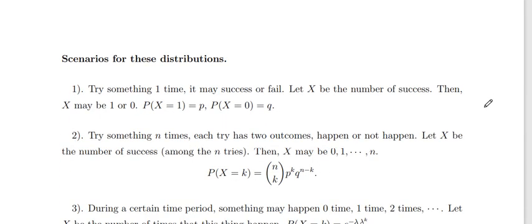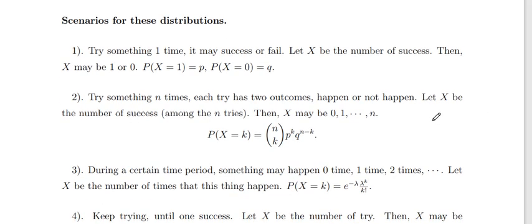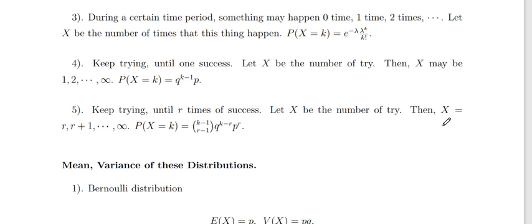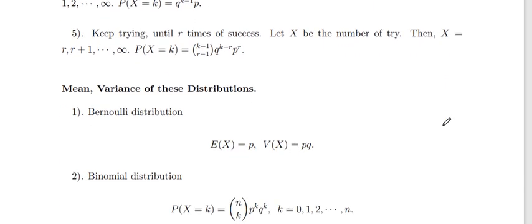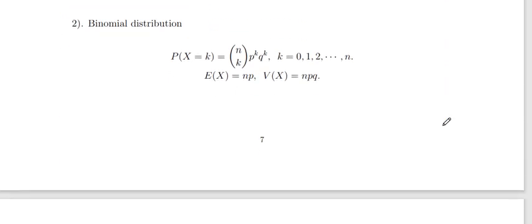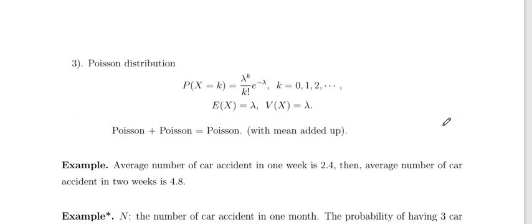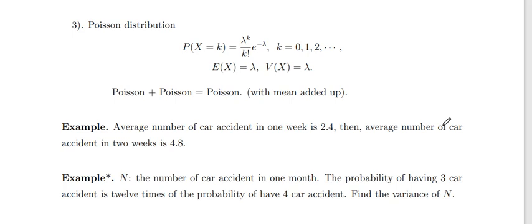So you should know there's a scenario for those distributions, right? We explained this, yeah. Oh, I put it here, yeah. And the mean values for those, you should remember, yeah. Like the binomial distribution and the Poisson distribution. So for Poisson, Poisson plus Poisson is again a Poisson, okay.